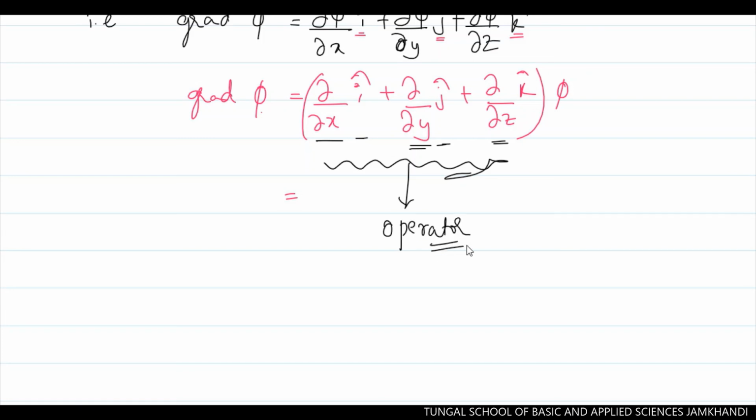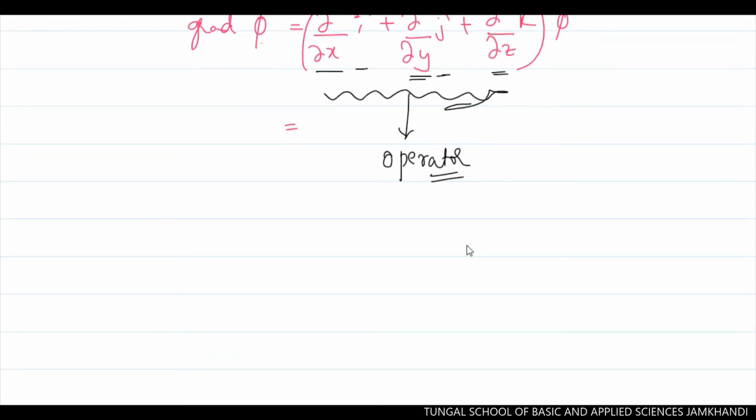Okay, so an operator means it is a particular function which can completely define the function phi, in which direction it is varying, along which direction its parameters are dependent. So it tells about the whole character of that function, right? That's why this is called del phi, meaning del is the operator given by this one.